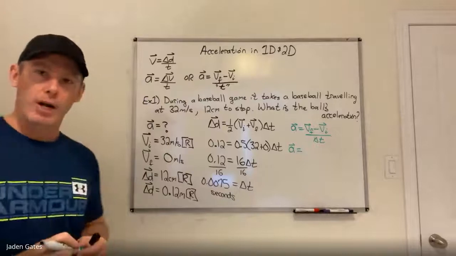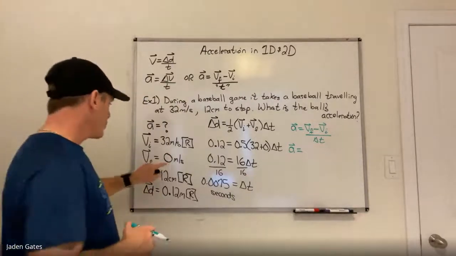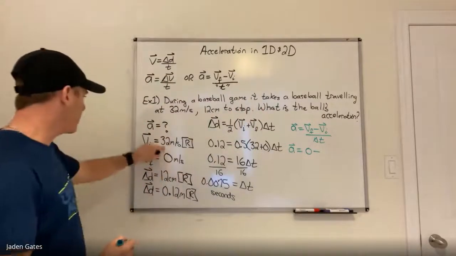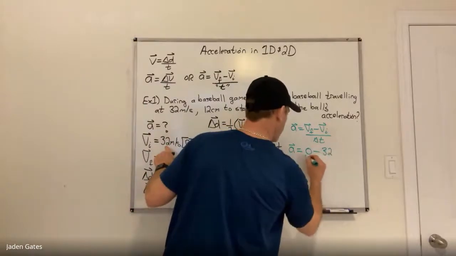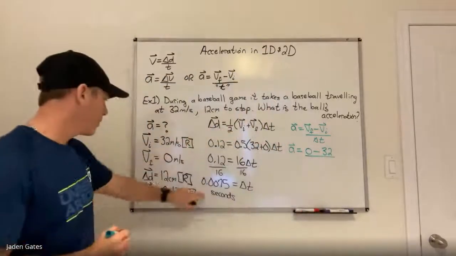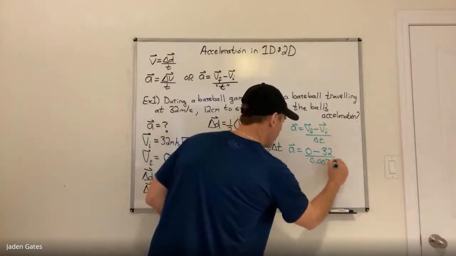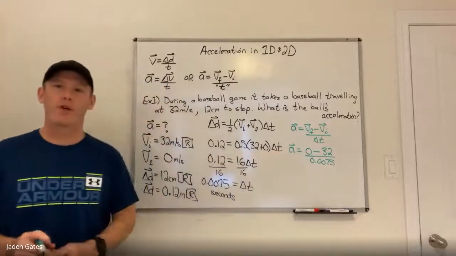Again, I'm saying right is positive, which I generally always do 99% of the time. So I have a 0 as my VF minus VI, which is going to be a positive 32, and divided by my time, which is this very small amount of time, 0.0075. All right, now, again, up top, we have 0 minus 32.